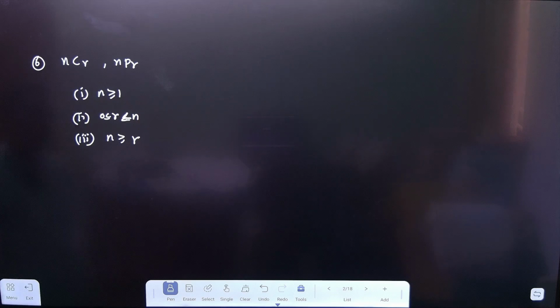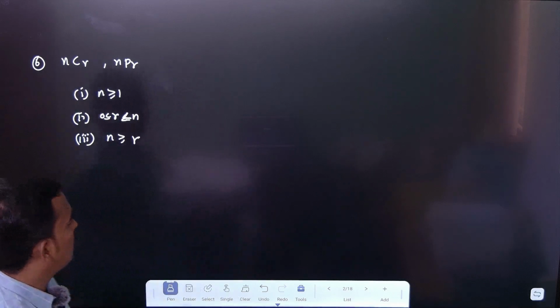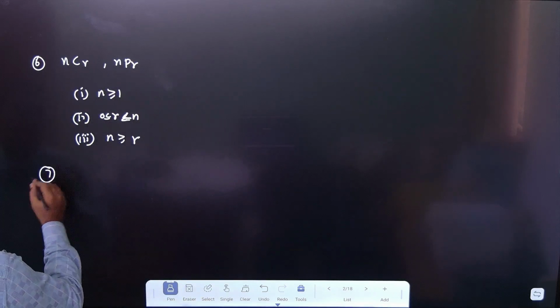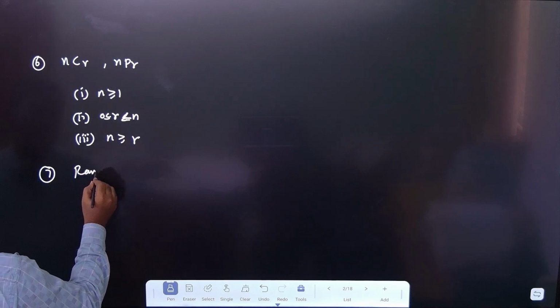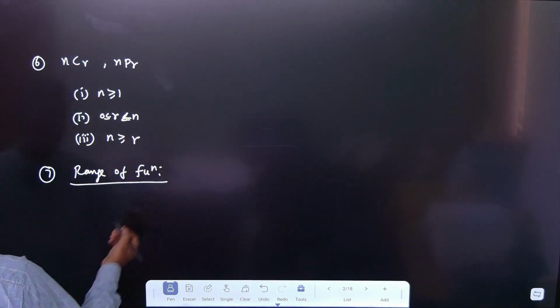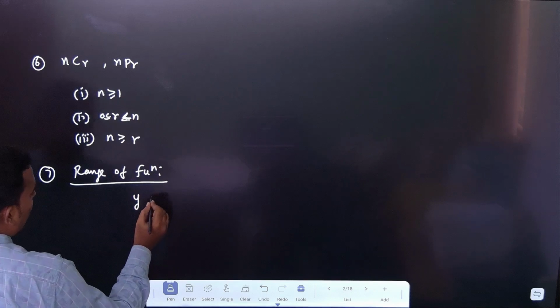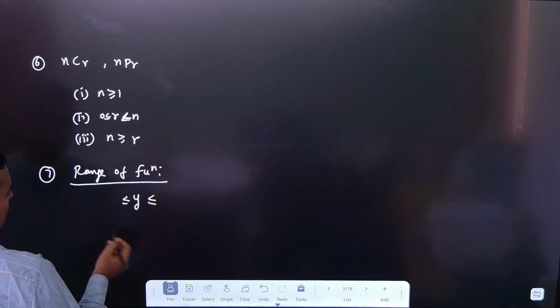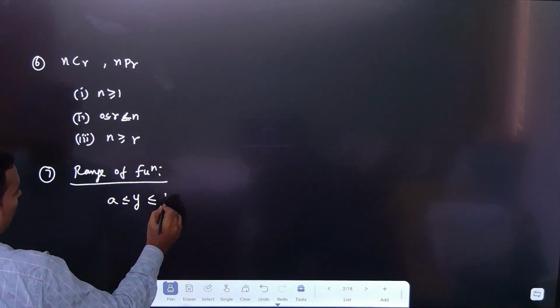Clear? Okay. So next is how to find the range of a function. Just see where the y values lie, say from a to b.